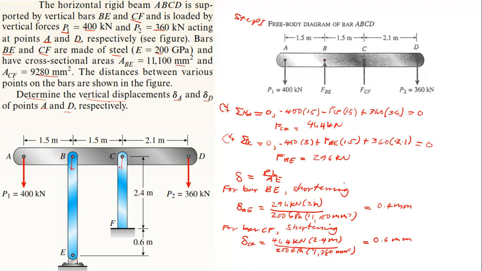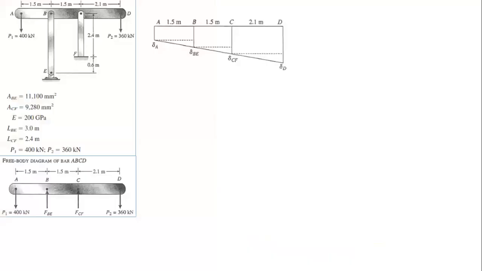So 0.6 is its downward movement. So our bar will incline in this direction. Okay? It goes down in that direction. It inclines. Okay?